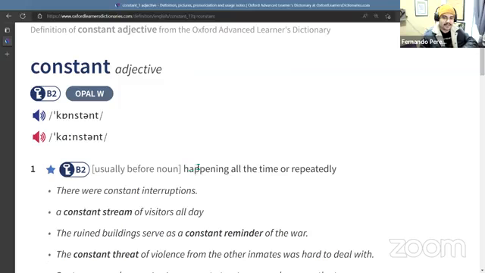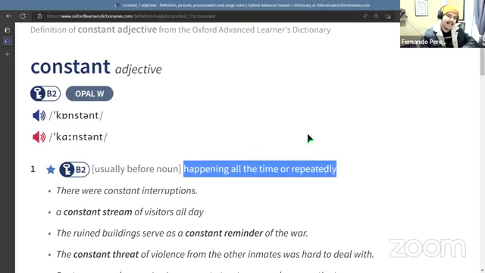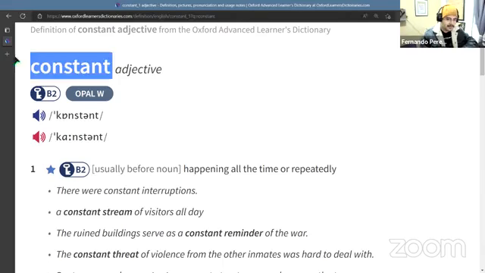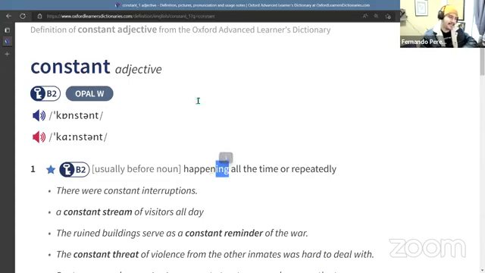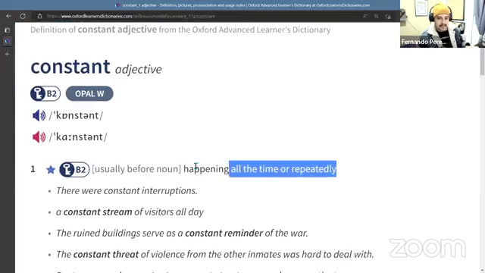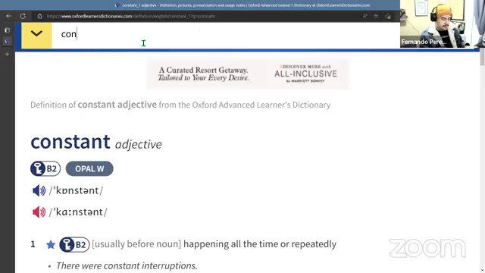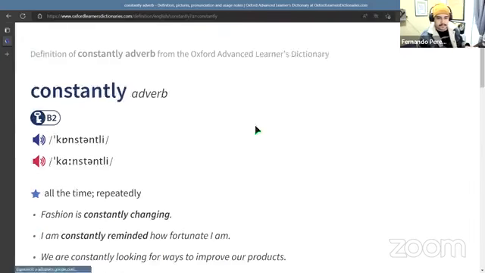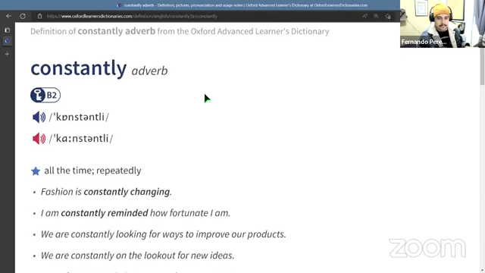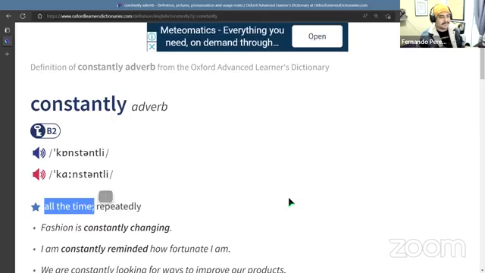This definition helps us understand that the description, the adjective, has an ing definition, has a description definition, right? When constantly, the happening disappeared. You see?